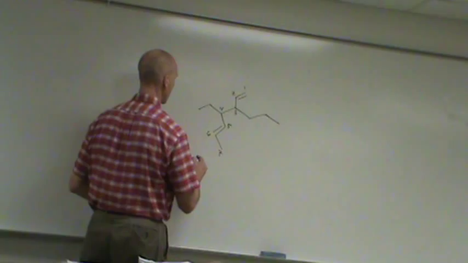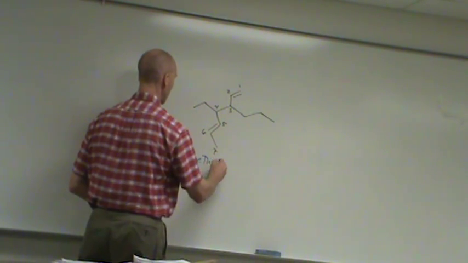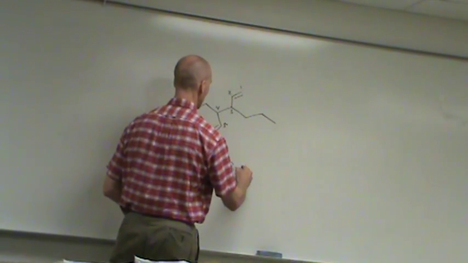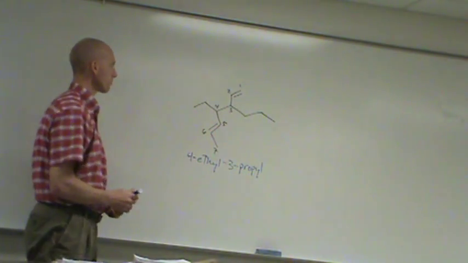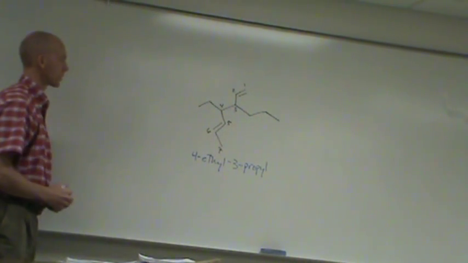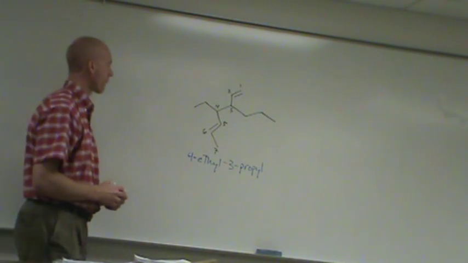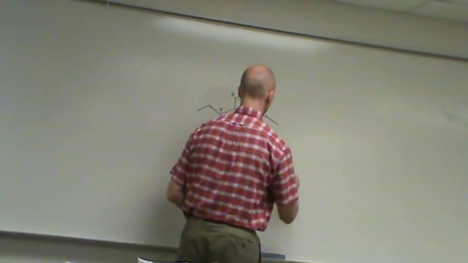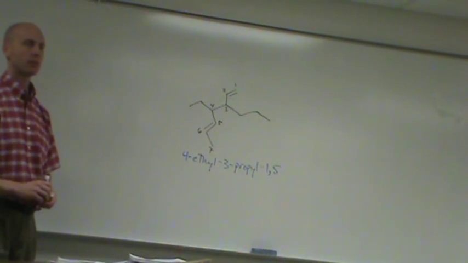So I have a 4-ethyl, 3-propyl. Then what's the parent chain? Okay. So again, the double bonds begin on 1 and 5. That's where they begin.